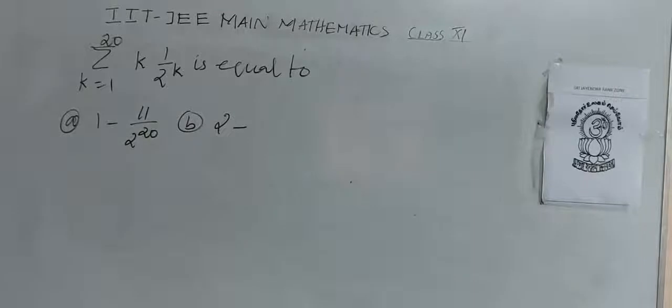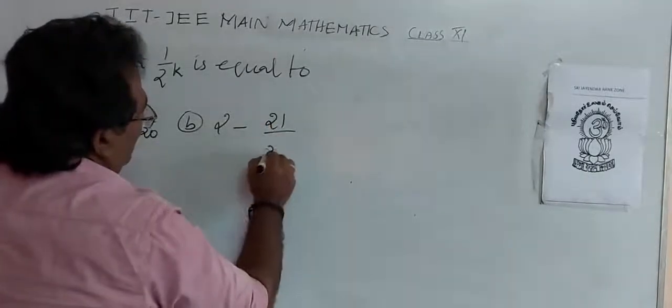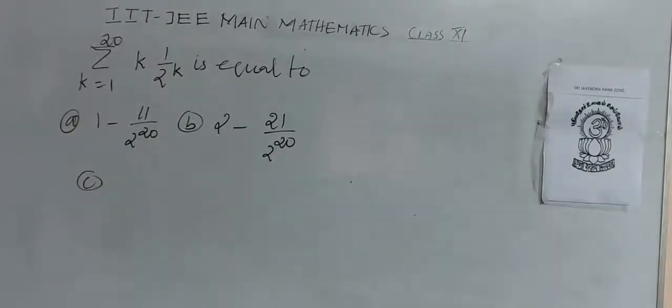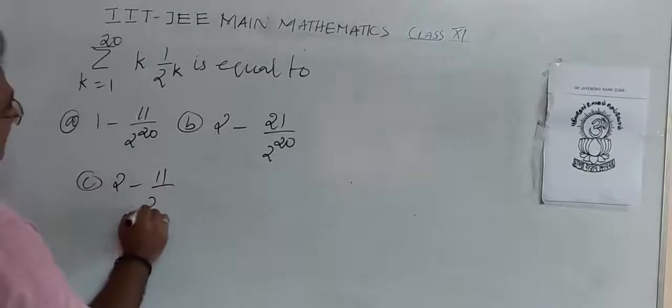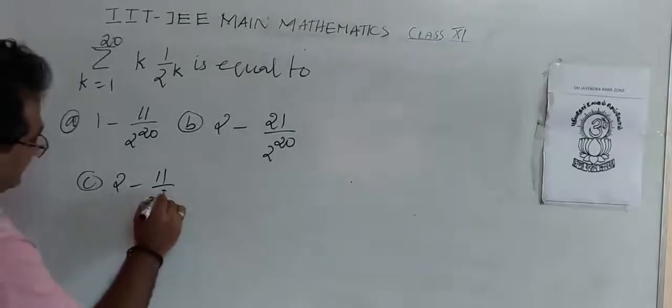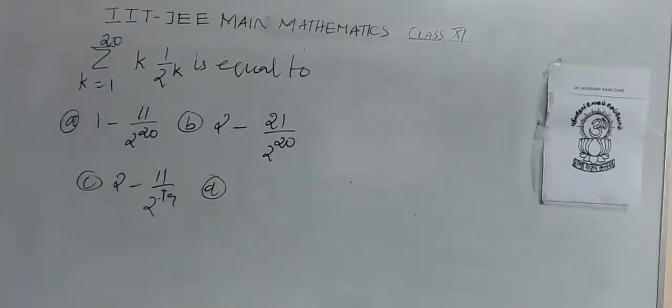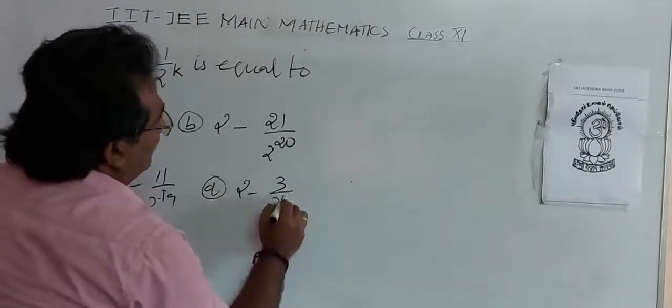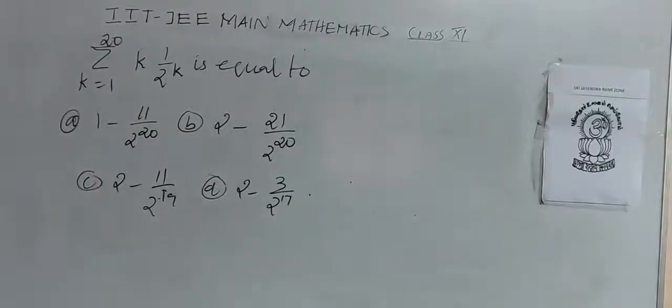Option B, 2 minus 3 by 2 power 17. Option C, 2 minus 11 by 2 power 19. Option D, 2 minus 3 by 2 power 17.